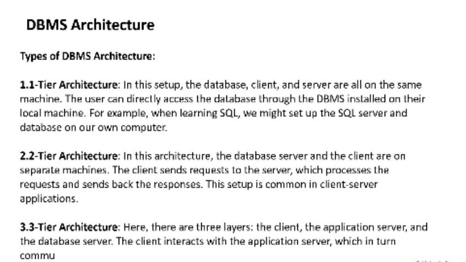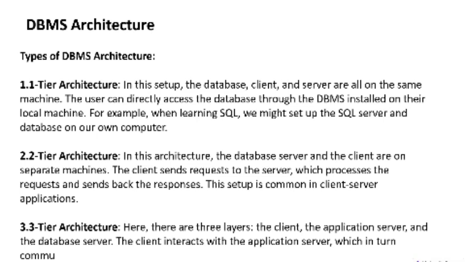Second is two-tier architecture. In this architecture, the client and server are on separate machines. The client sends requests to the server, which processes these requests and returns the result. For example, a web application, a website. Third is three-tier architecture.